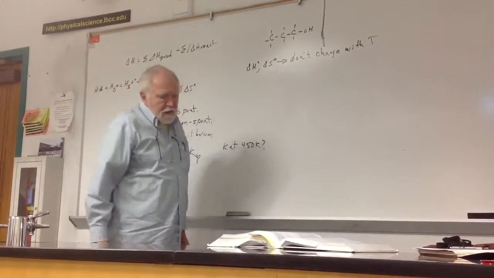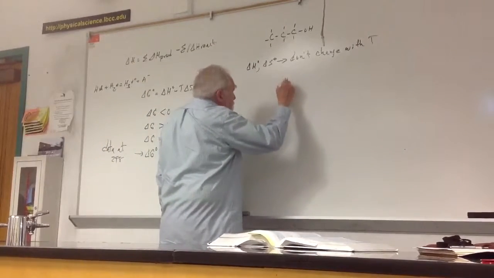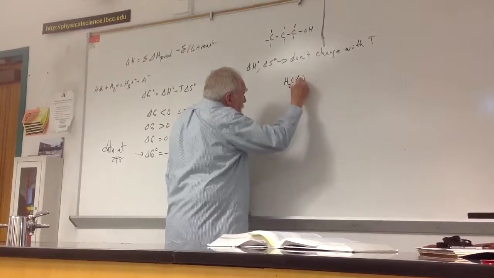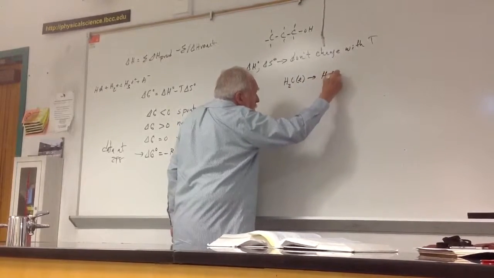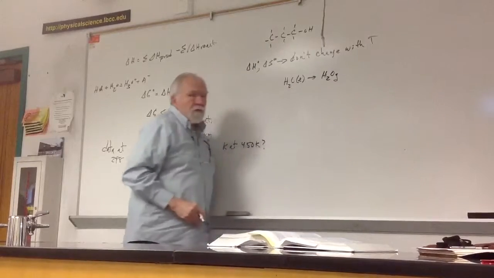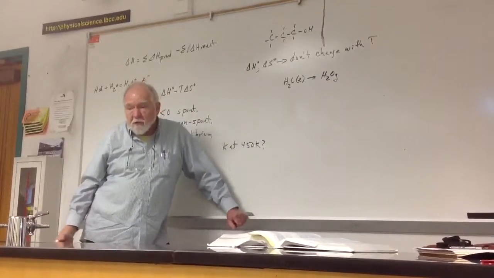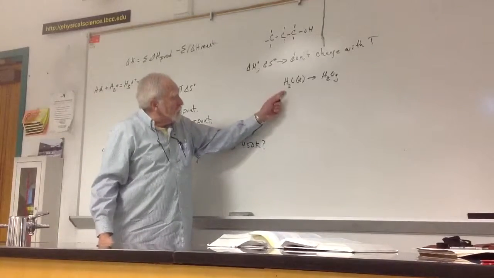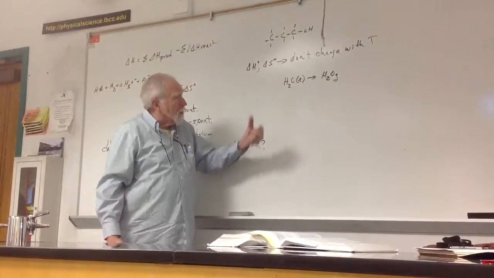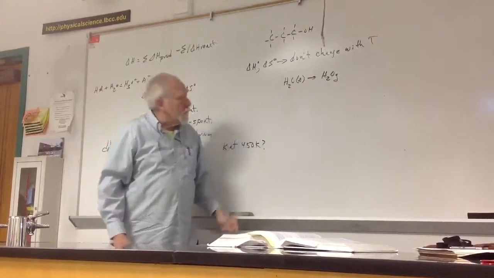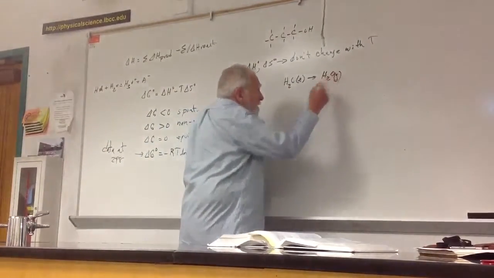And the easiest way to think about that: if I take a mole of liquid water and convert it to a mole of gaseous water, there's a certain entropy change because what I'm doing is breaking these molecules that are close together and pulling them far apart, and you get a lot of randomness when we convert it to the gas phase.